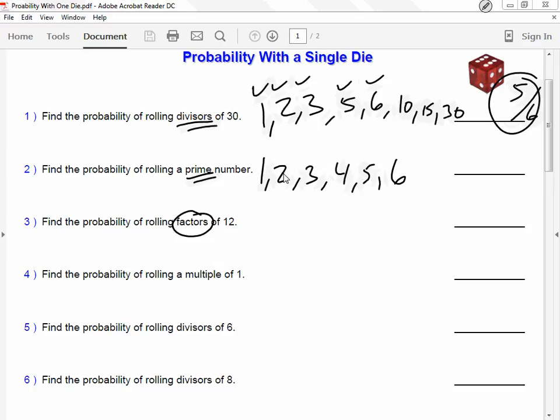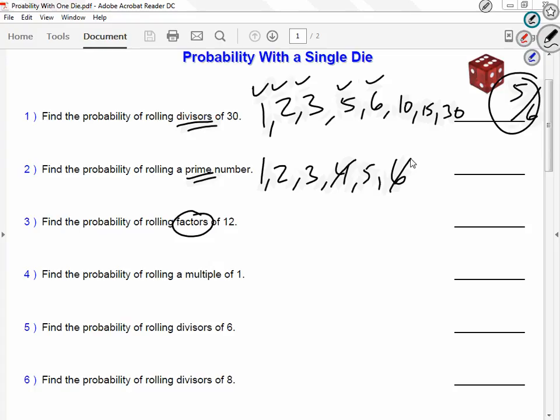Yes. Is 2 a prime number? Yes, because it can only be divided by 1 and 2 and nothing else. Is 3 a prime number? Yes, only by 1 and 3 and nothing else. Is 4 a prime number? No. I can divide it by 1, 4, and 2. Once there's a third divisor, no. Is 5 a prime number? Yes. Is 6 a prime number? No.